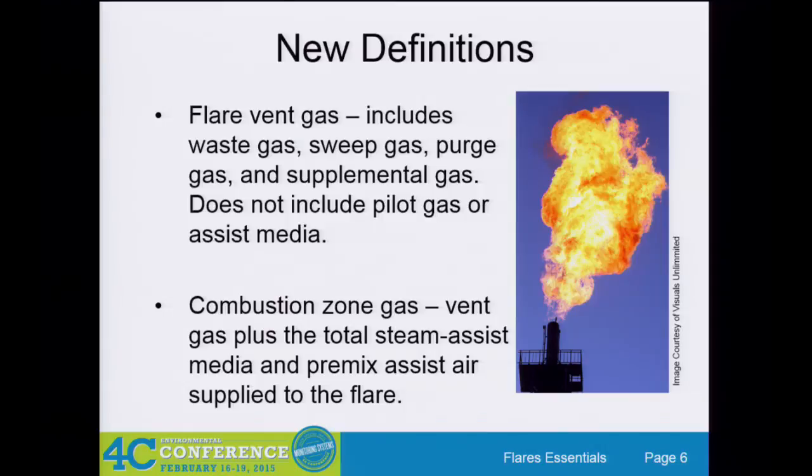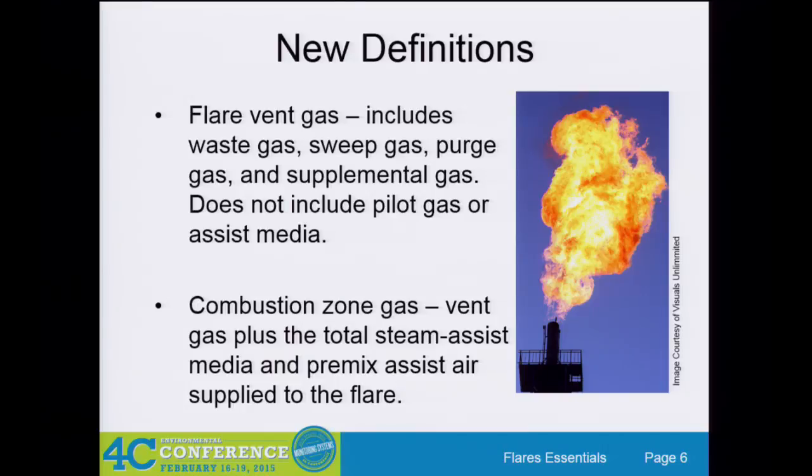A couple new definitions, and really they were for flare vent gas. They pulled in the supplemental gas, so they definitely changed that designation. They were not including pilot gas or assist media in the flare vent gas, but then the assist gas is included in the combustion zone gas, but they are excluding the pilot gas.